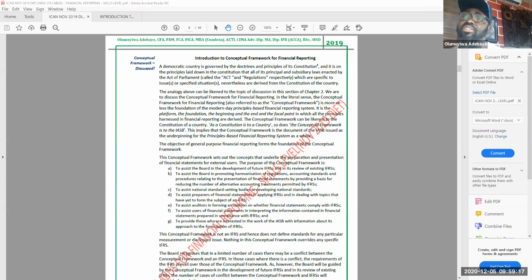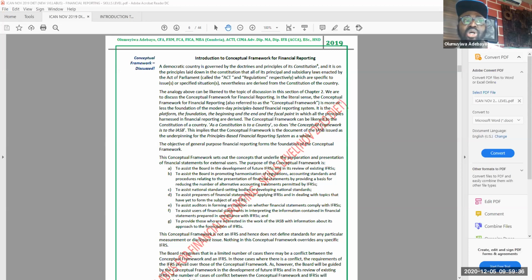Also, it assists auditors in forming an opinion, especially with respect to the judgments, the basis of estimation and the assumptions made by the management of a company. What happens most especially is that the conceptual framework guides the auditors in forming their own independent opinion.